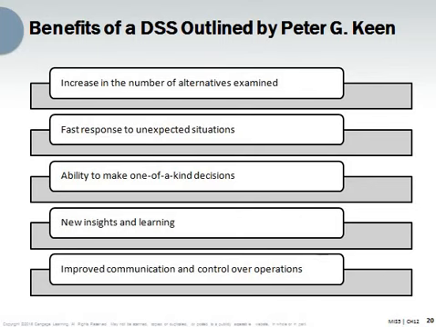Fast response to unexpected situations. Ability to make one of a kind decision, unique decisions. Right? New insights and learning. DSS provides new insights from a new database with the help of new softwares and new statistical model implementation.